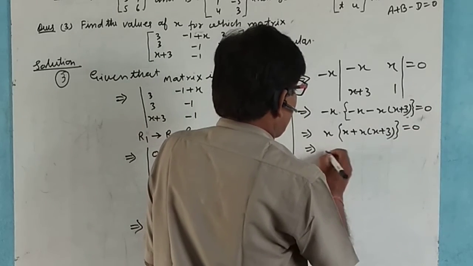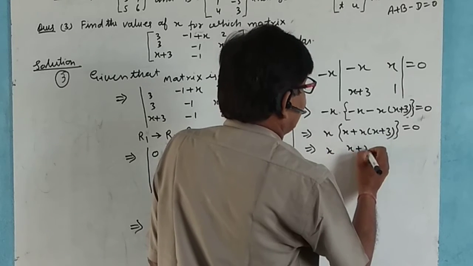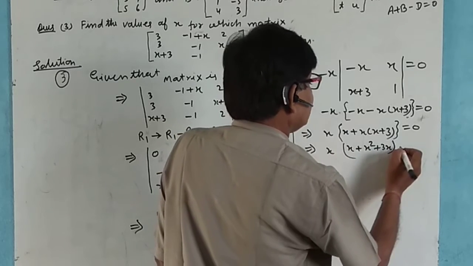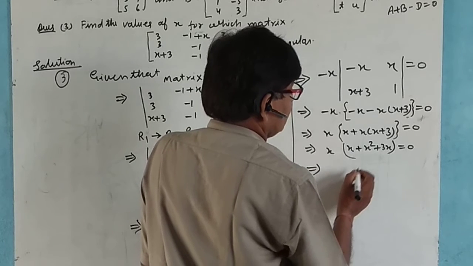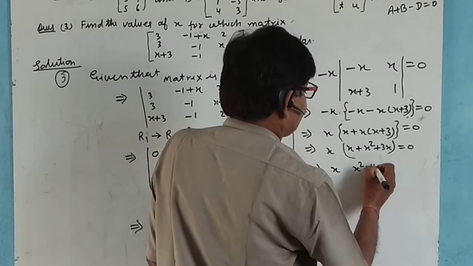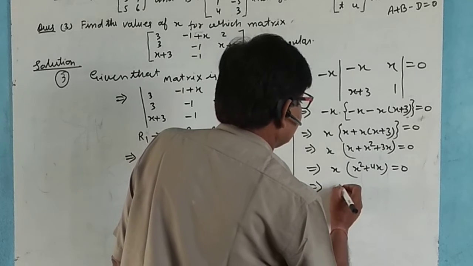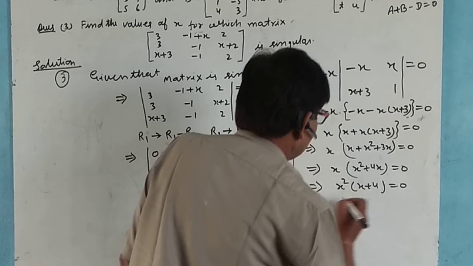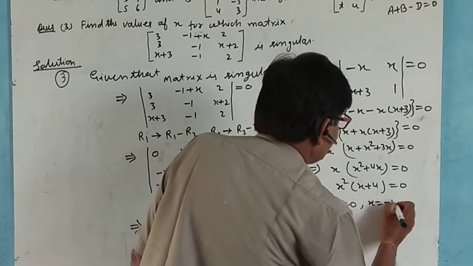Now x square plus 3x equal to 0. It means that this is x square plus 4x equal to 0. So x comes out, x times x plus 4 equal to 0. It means that x equal to 0 and x equal to minus 4.